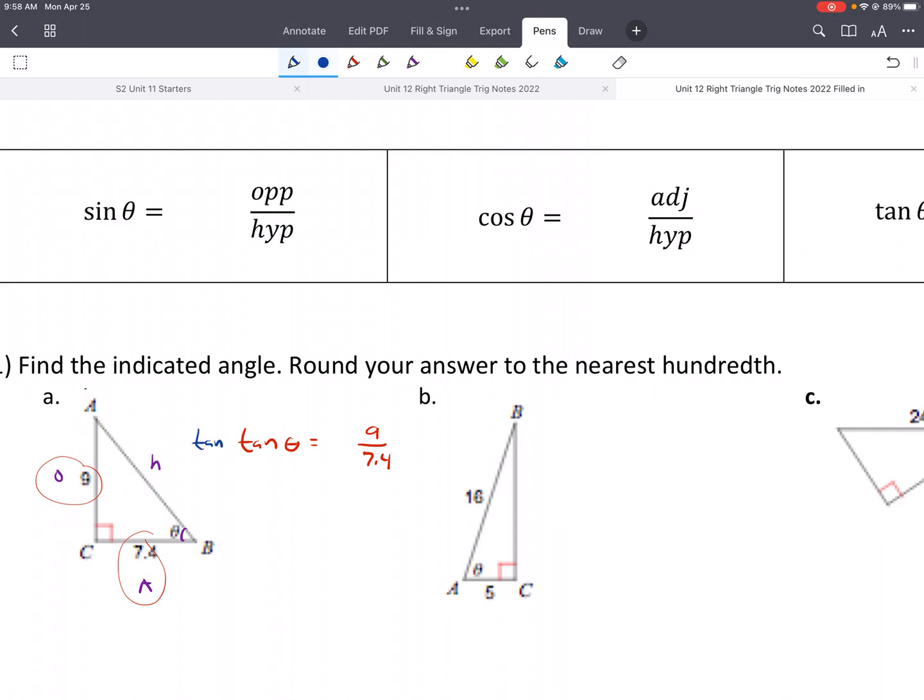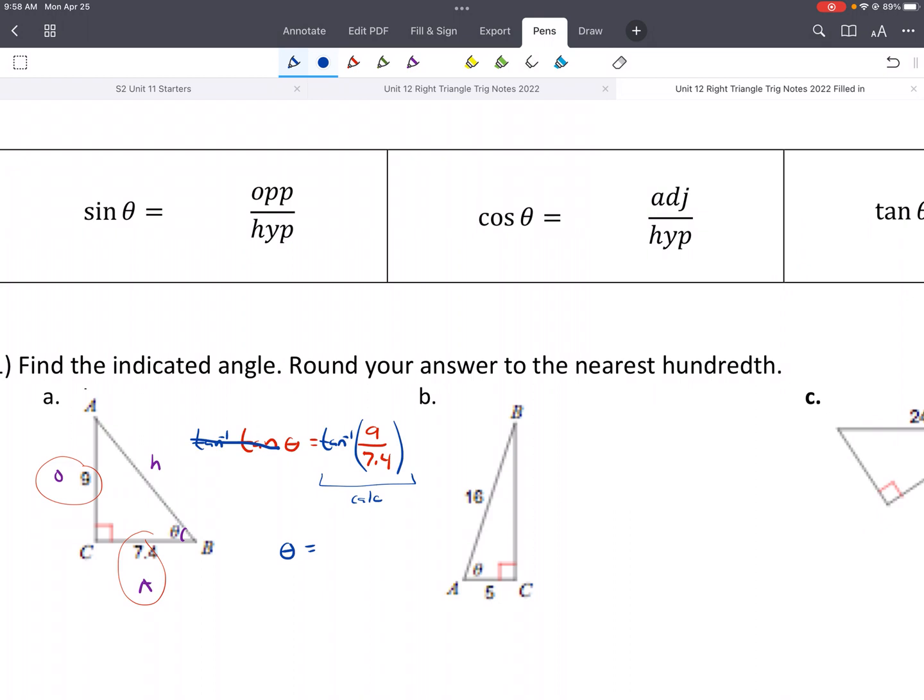So we'd use tangent inverse, that cancels out, and we have our problem that we need to type in. So we use our calculator, and theta equals second or shift tangent to get tangent inverse, 9 divided by 7.4.